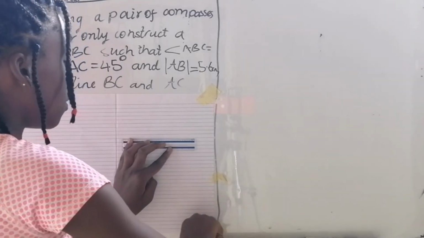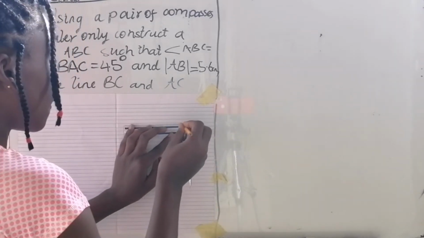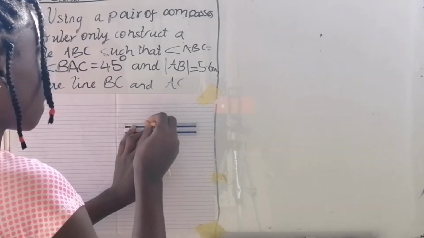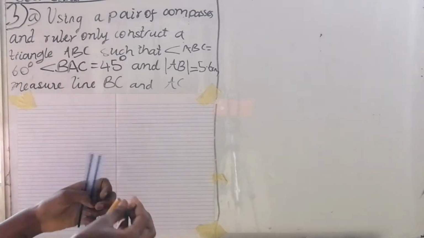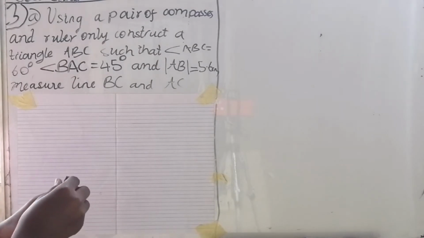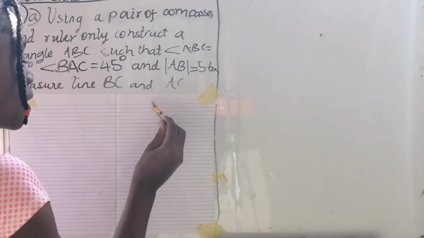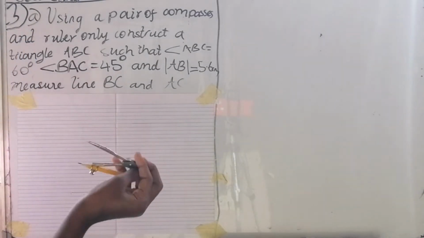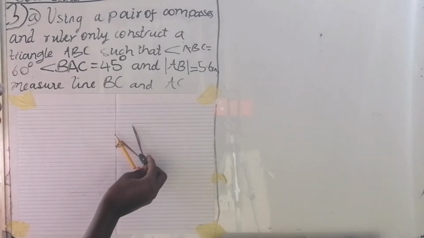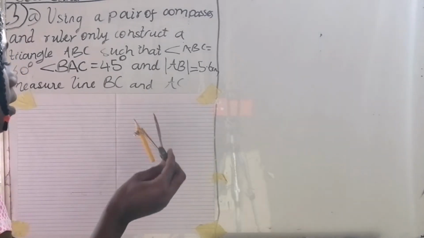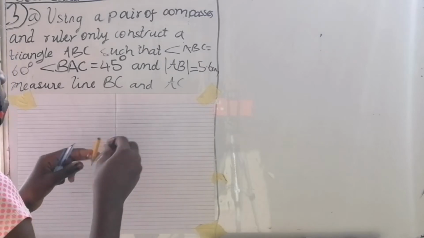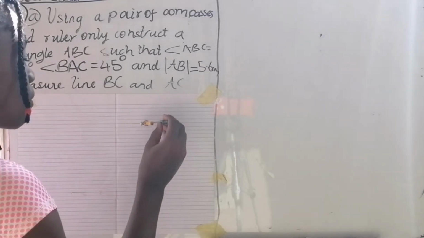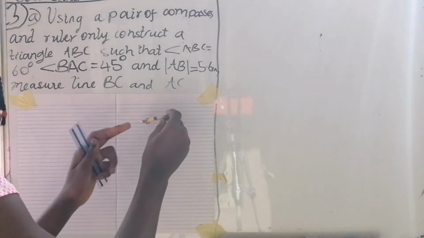First of all, you draw your line. This is how to construct angle 60 degrees. Then you place it on a point. You label this as A and B. Then you place your compass point here.